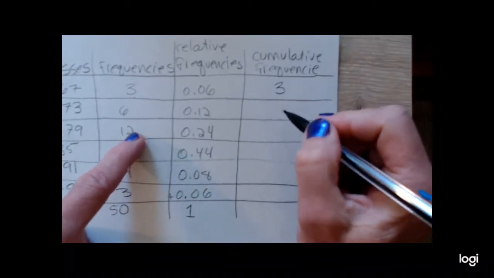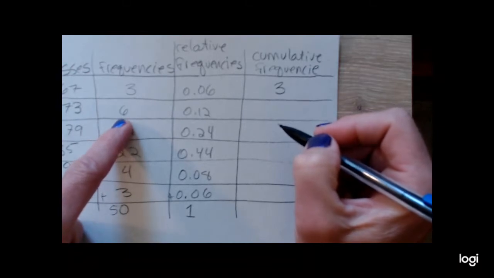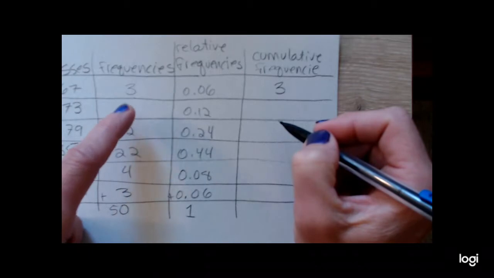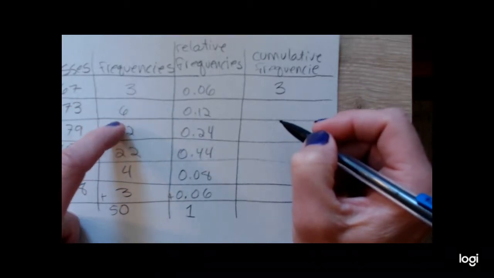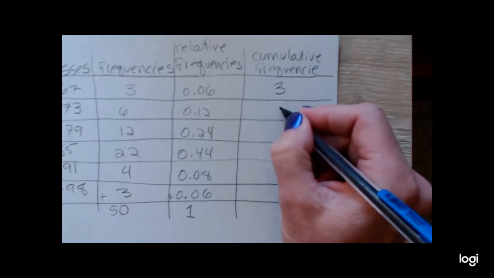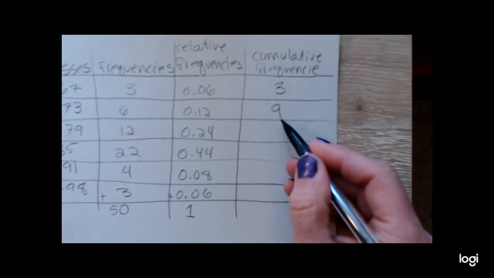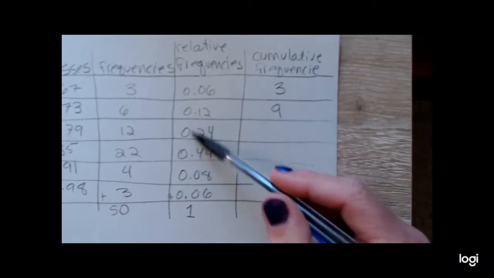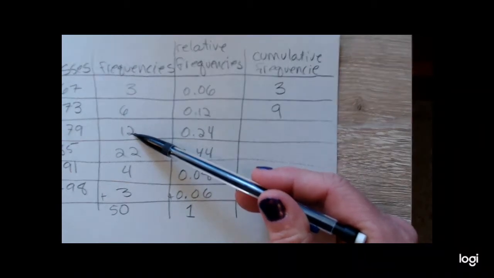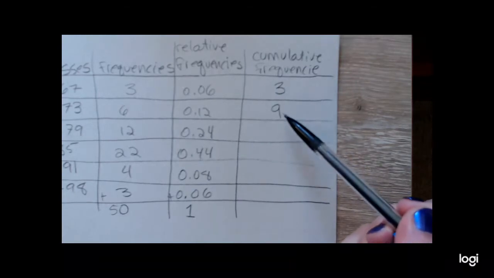Looking at the second class, I've got 6 values, and then to create the cumulative frequency, I want to add it to the previous number of frequencies. So the next cumulative frequency will be 9, and then again I want to take the number of frequencies for the third class and then add it to the total amount that has occurred prior to that.